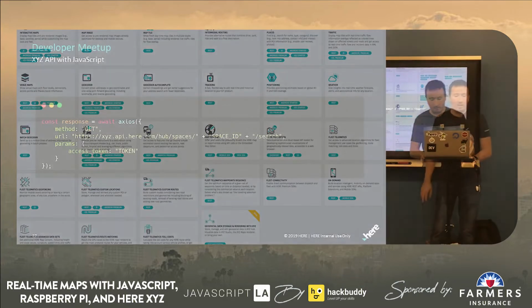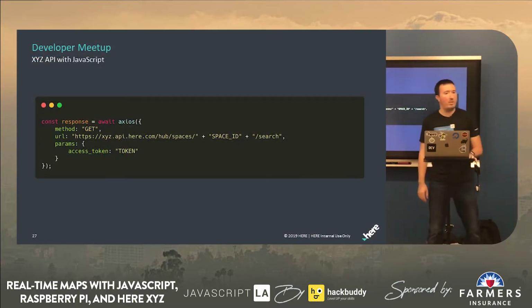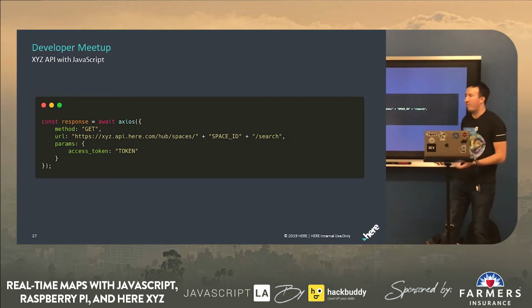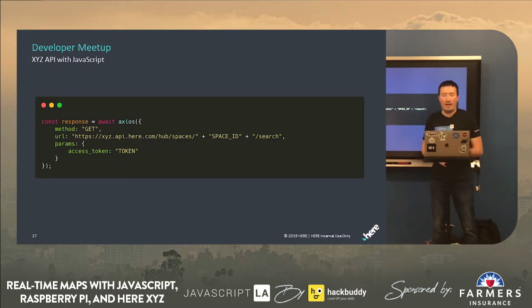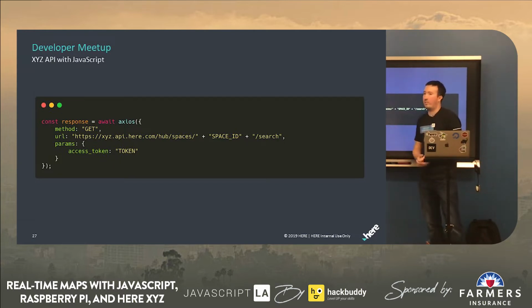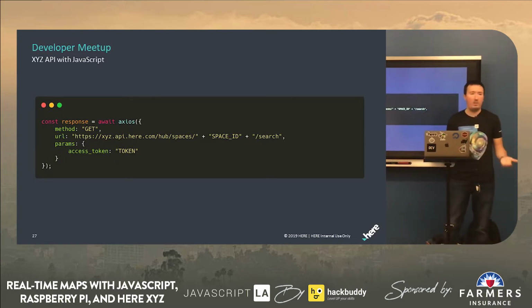Now, let's say we want to consume what's in HERE XYZ. So again, this is still in the front-end application, the one that we're working on outside of the Raspberry Pi experience. In this case, I'm still using Axios, keeping it consistent here. It doesn't have to be, you can use one of the other options. But we're doing get. I'm assuming again that I'm using a different access token because this is exposed to your end user.